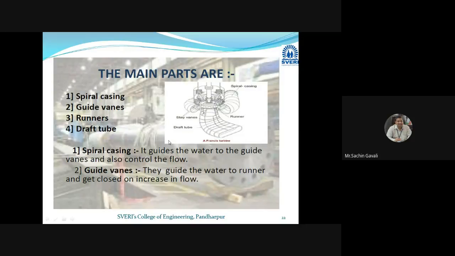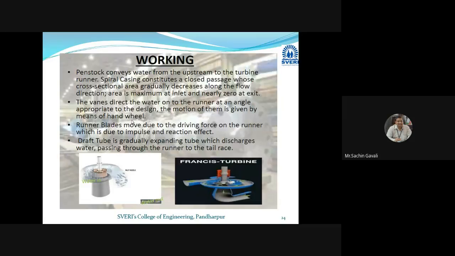So for the inward flow reaction turbine, what will be... anybody, inward? Is anybody of you knowing what inward flow means? Nobody. BME, I think you all learned this last year.